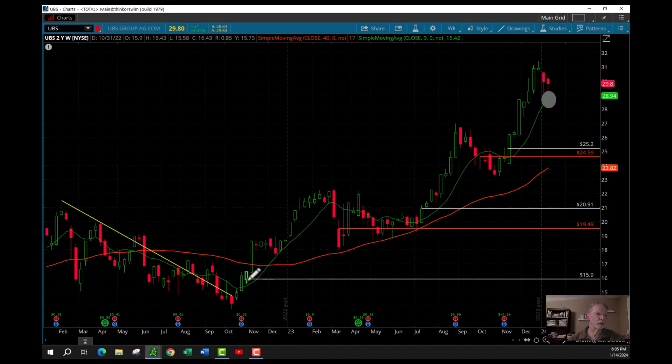In this case, when it closes above the 9 weeks, and it continues moving up, it comes back down, it does not go below the moving average. On this particular case here, it closed below, but we're going to wait one more day, or excuse me, one more week, just to make sure.